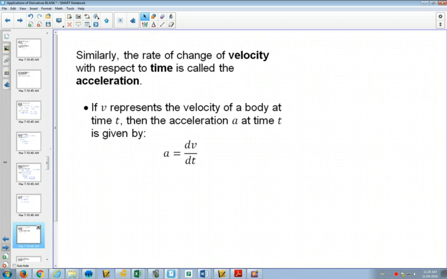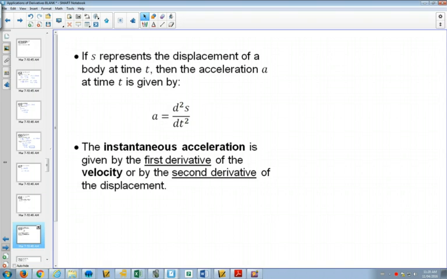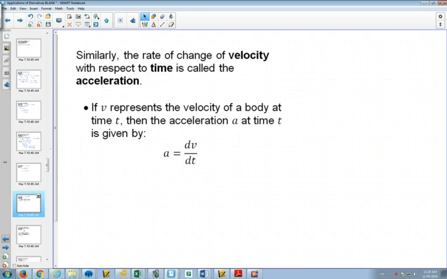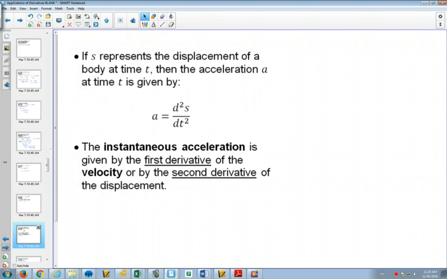So sometimes you'll see that in equations, and you go, oh, this equation isn't right, but it might be in different units. I can go back for a second, yeah. So we can write acceleration as the first derivative of velocity. We can also write it as the second derivative of displacement.